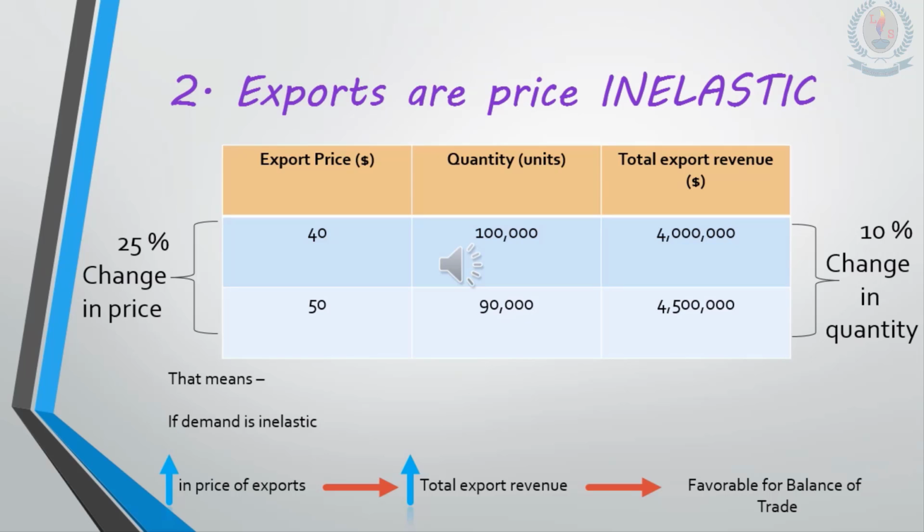So, that means when the export price increases, it improves the terms of trade as well. Since the demand is inelastic, the effect on the export revenue is also favorable. That means when the price has increased, the export revenue has also increased. So, it improves the balance of trade as well.